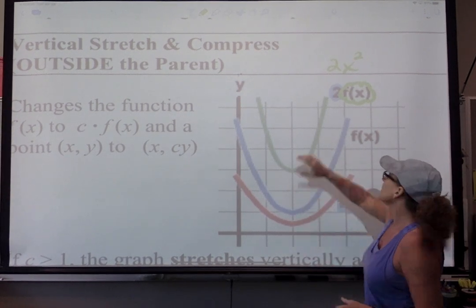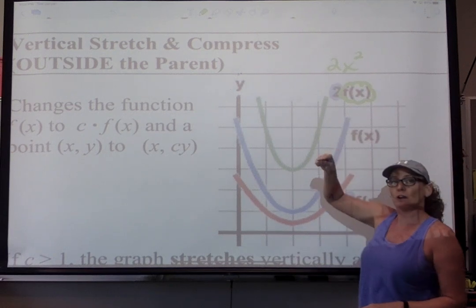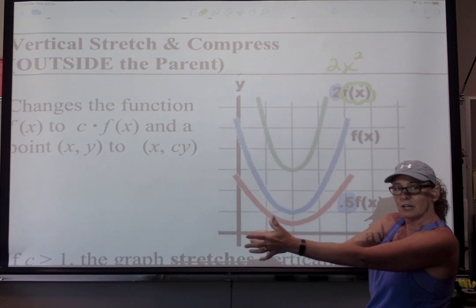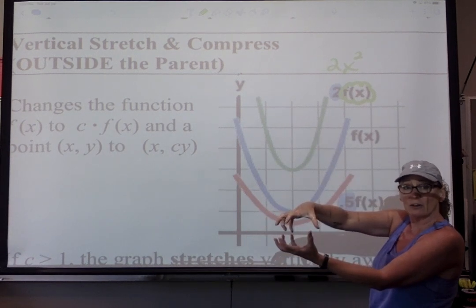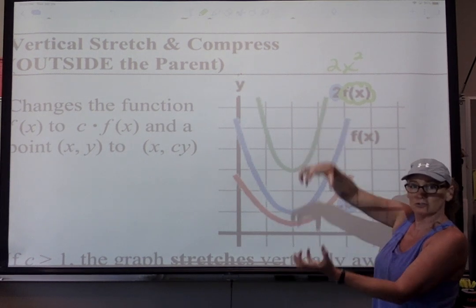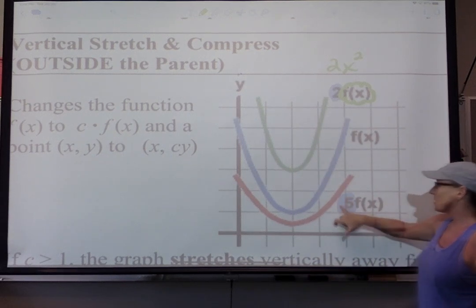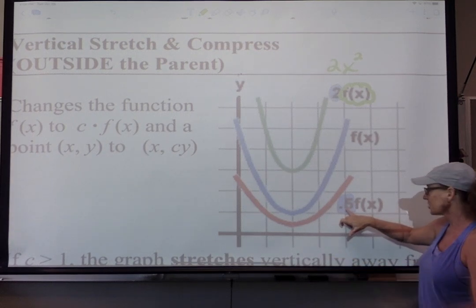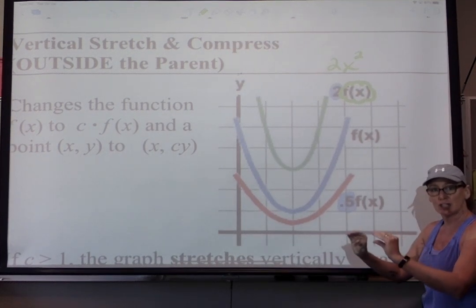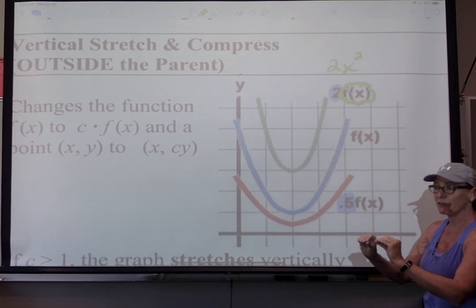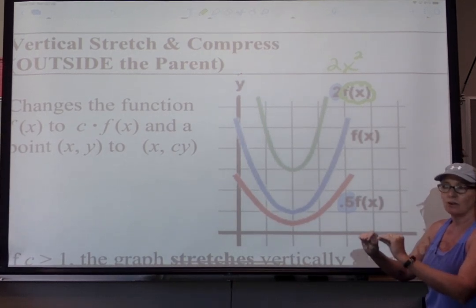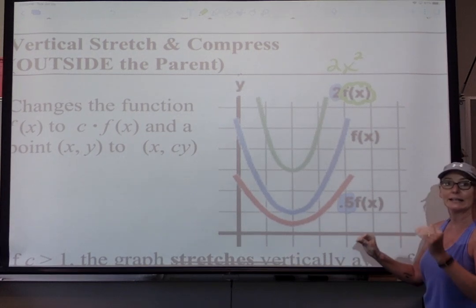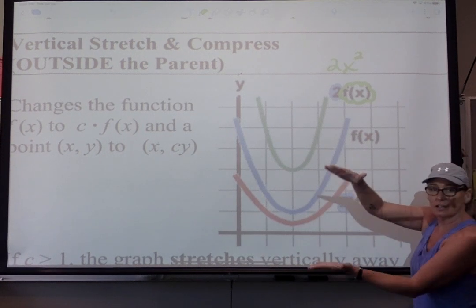So, summary. When you have a number greater than 1 as a coefficient of your function, it's going to be a vertical stretch. Your y values are going to become greater, stretching. When you have a number in front of your function, a coefficient that's a fraction, 1/2, 1/3, 7/8, 4/9, whatever, 0.8, it's going to compress.